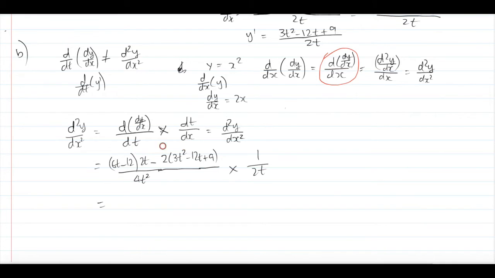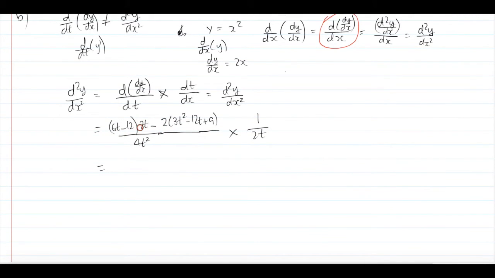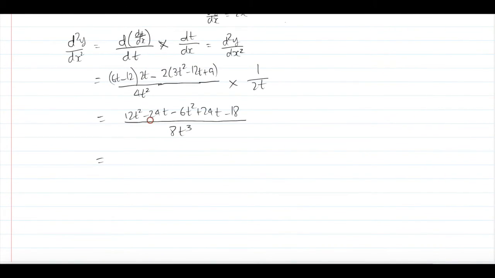Okay, so I'm just going to expand this because that looks pretty nasty. 6t minus 12 times 2t gives us 12t squared minus 24t, and expand that as well. Minus 6t squared plus 24t minus 18, and the denominator is just 2t times 4t squared, that's 8t cubed. And what we have here is negative 24t, cancels out with that.